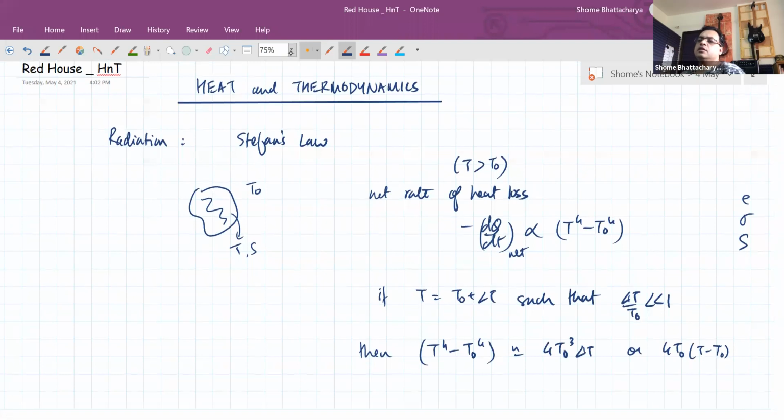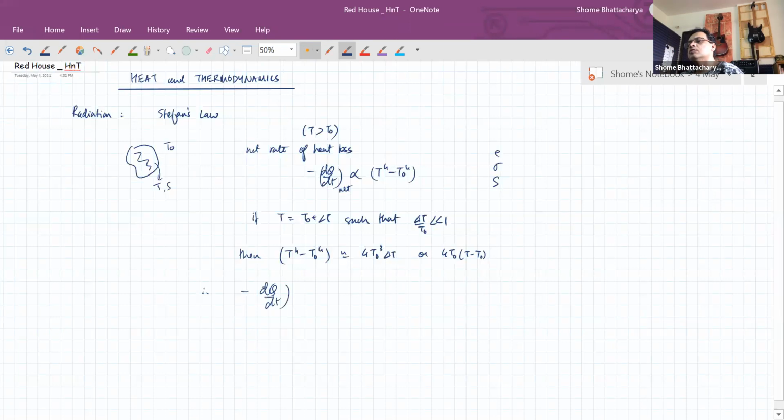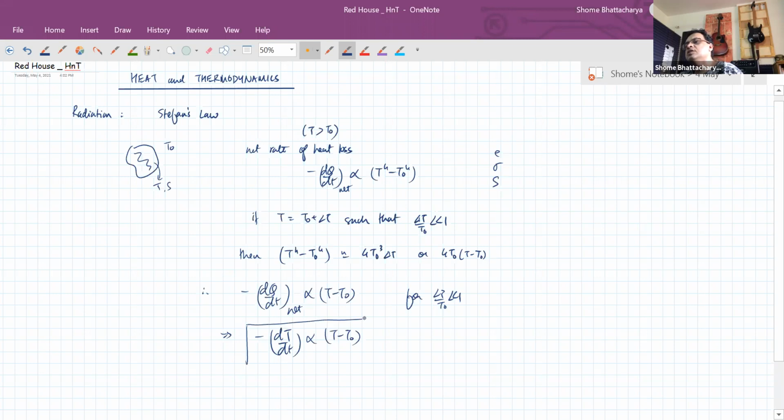So further we can say that the net rate of heat loss becomes proportional to T minus T0, for delta T by T0 being very small compared to 1. Therefore the rate at which the temperature is dropping, what we call the net rate of cooling, is proportional to T minus T0. So this was the statement of Newton's law of cooling. But the constant of proportionality here actually comes from the analysis of Stefan's law of radiation.